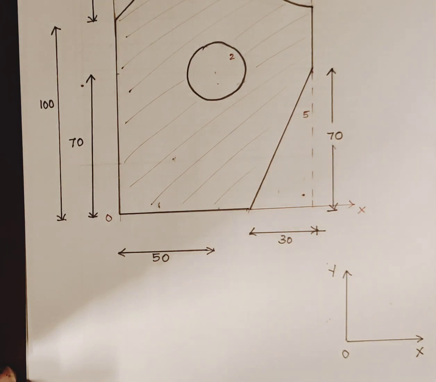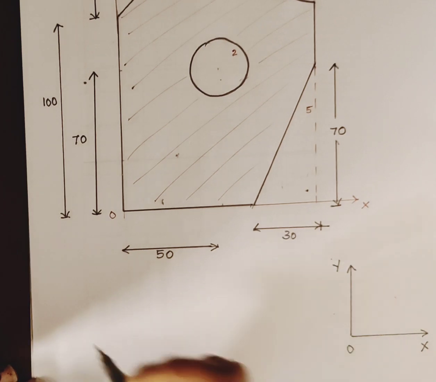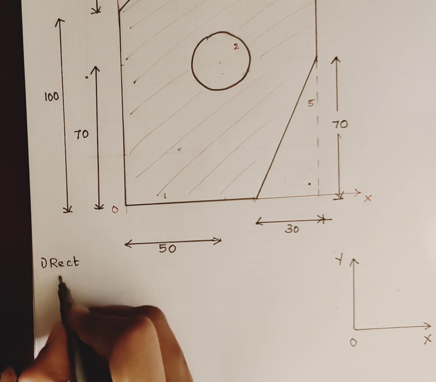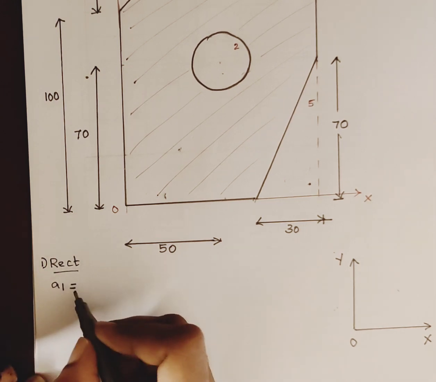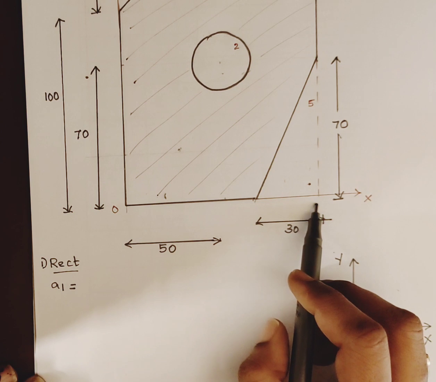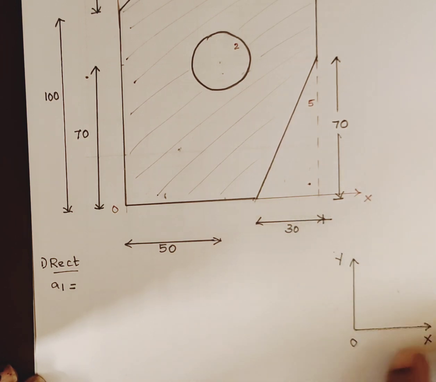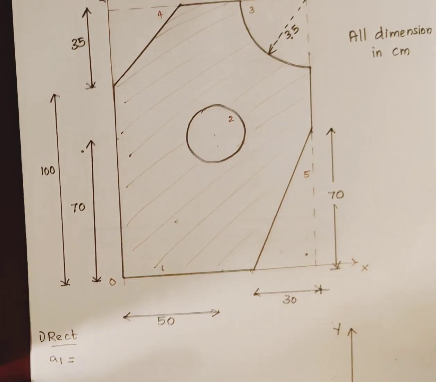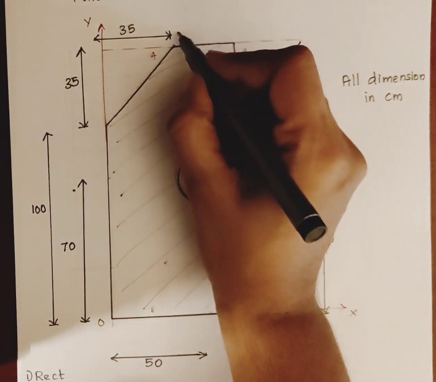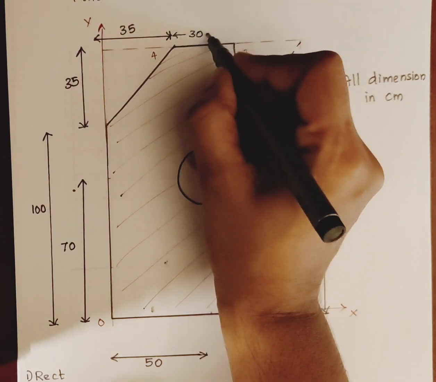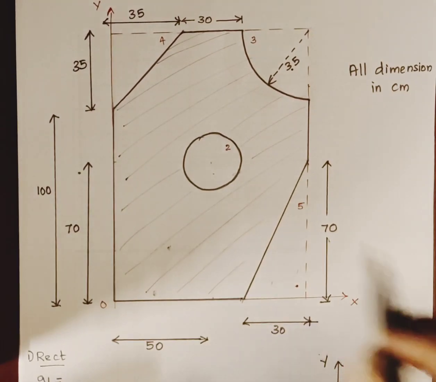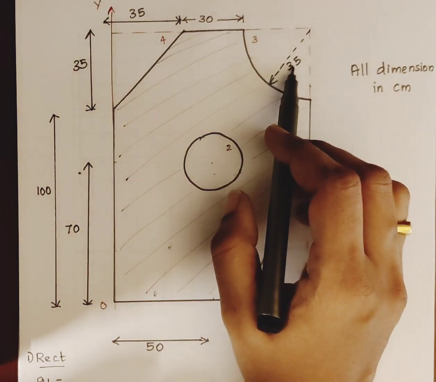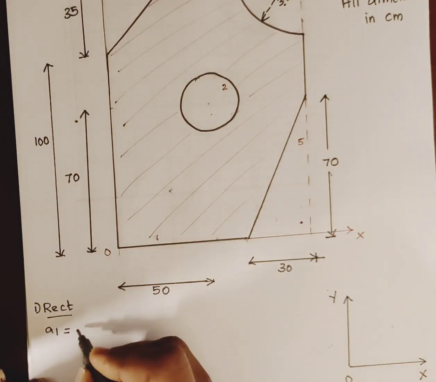So now the first step is you have to calculate the area. First figure is the rectangle. So A1 is equal to, this length is given, this length is also given in the question, this is 30. So now the total width of the rectangle is 35 plus 30 plus 35, that is equal to 100.